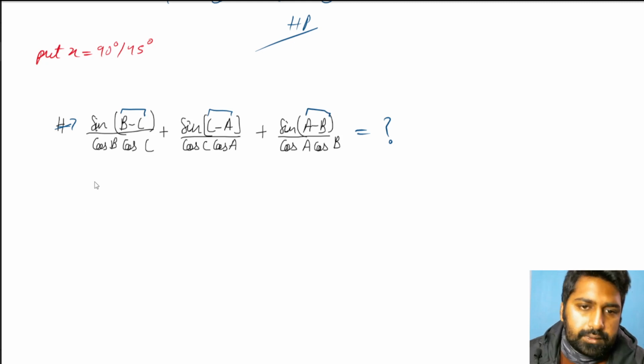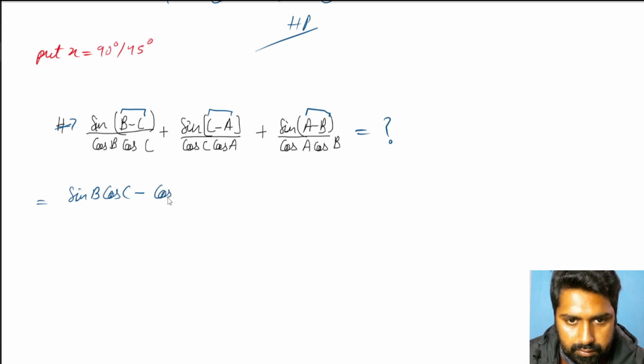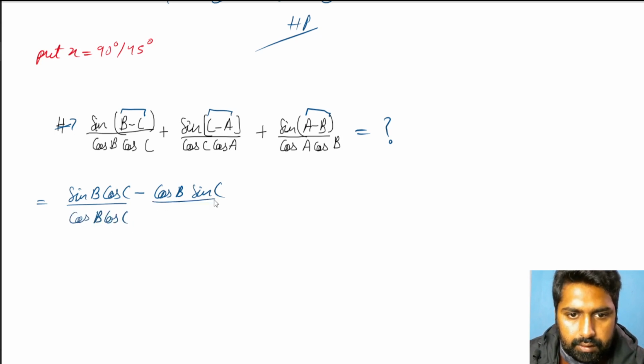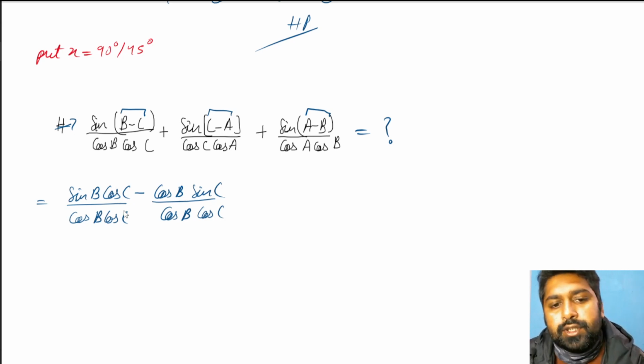Let's expand. So sine b cos c minus cos b sine c upon cos b cos c. I'm making the denominator also into two parts. Why? Because a few expressions are matching in numerator and denominator. That's why I'm splitting the denominator.